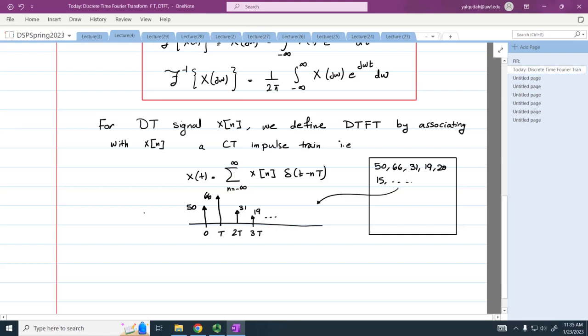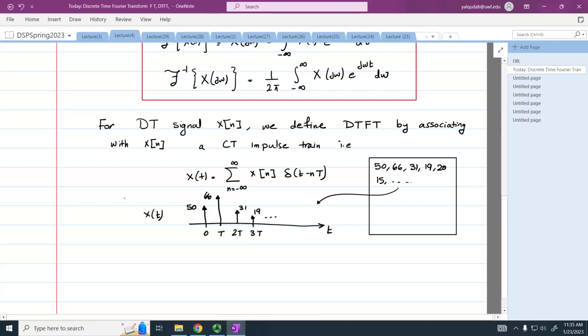What is this signal? x of t. Together? Anybody confused, or everybody with me? This is a continuous time signal. What is the label here? T. Make sense? This is a continuous time signal.